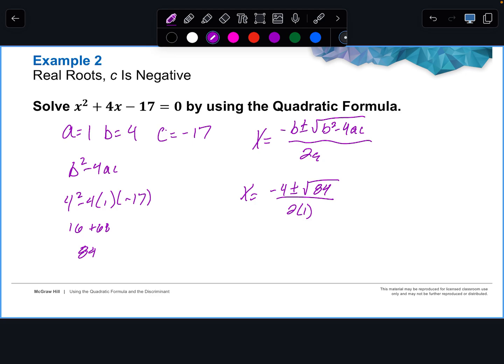So 84, if I break it up, that's 4 and 21. 21 is 3 times 7. So x is equal to negative 4 plus or minus the square root of 4, which is 2. 3 and 7, there's nothing I can do but put them back together underneath the radical sign, all divided by 2.